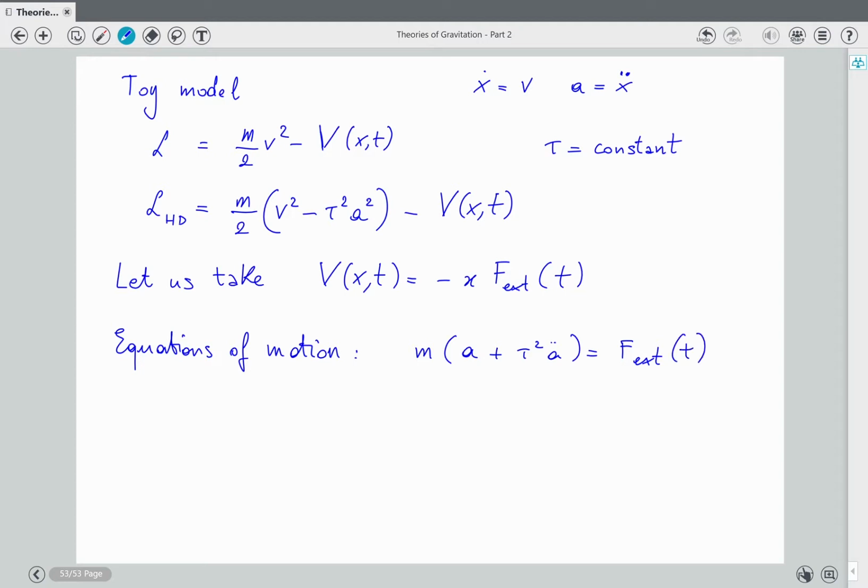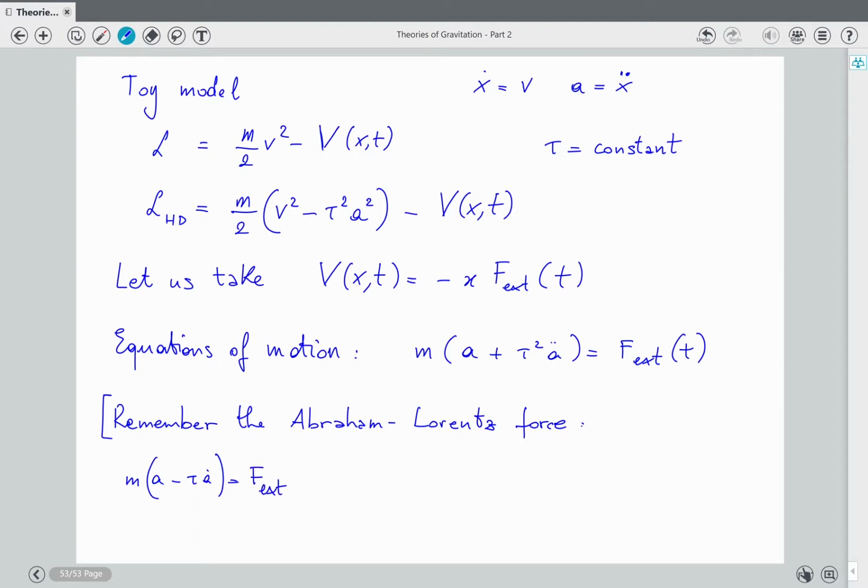So you have an equation like that. Remember the Abraham-Lorentz force, which we already discussed. That gave an equation M A minus T A dot equal to the external force.